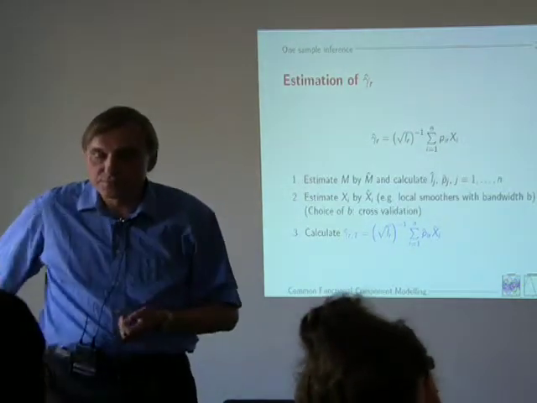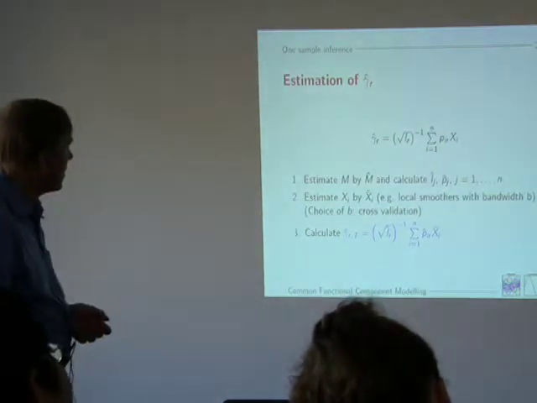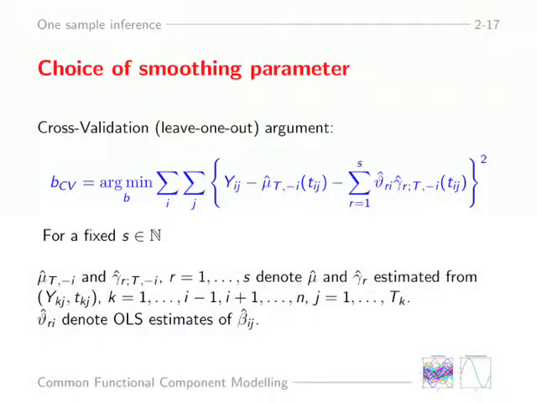Choosing the best parameter would be done by cross-validation, in such a way that you get the best approximation by the resulting estimates of the gamma hats, because the true ones should give the best basis approximation. So it's not quite the usual cross-validation.